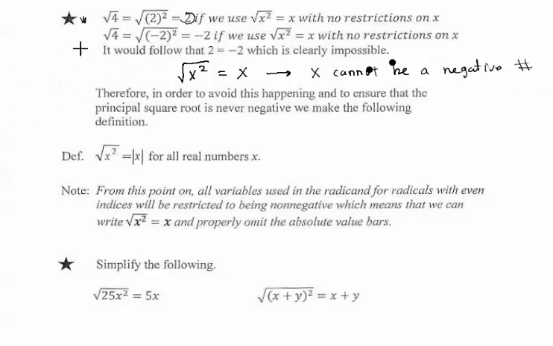But on the other hand, if we say that x equals a negative 2, and we plug it into our equation for the square root of x squared, then what we get on the left is a negative 2 squared inside the radical, and then we replace this x with a negative 2 also.